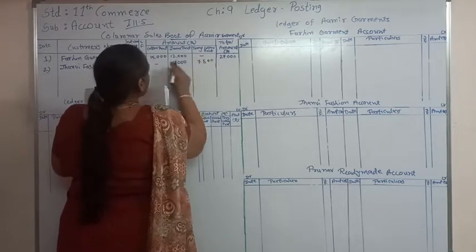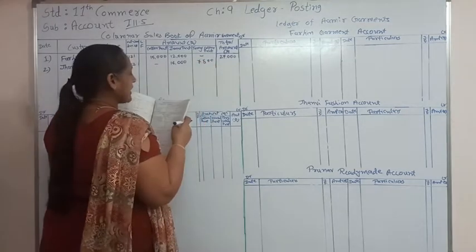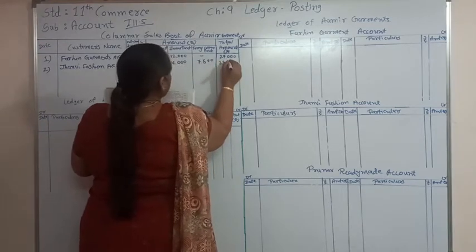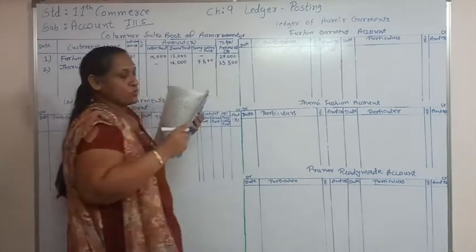The total of this will be 16,000 plus 7,500, 23,500. So that is the total.